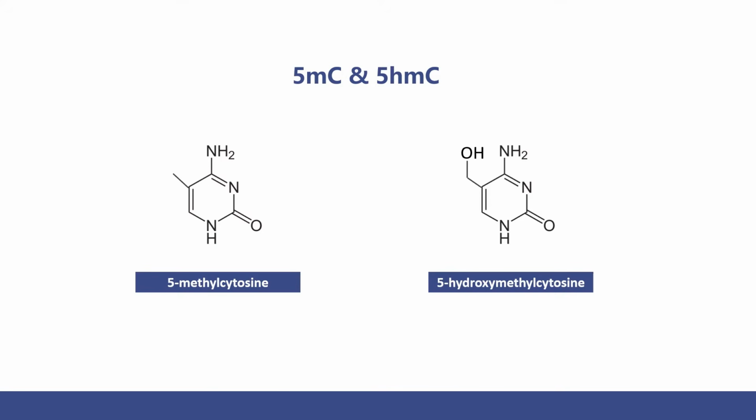DNA methylation and hydroxymethylation at the 5th position of cytosine are essential epigenetic alterations that play vital roles in gene expression regulation and cell differentiation. DNA methylation typically represses gene transcription. Hydroxymethylation, on the contrary, activates gene expression or promotes DNA demethylation.